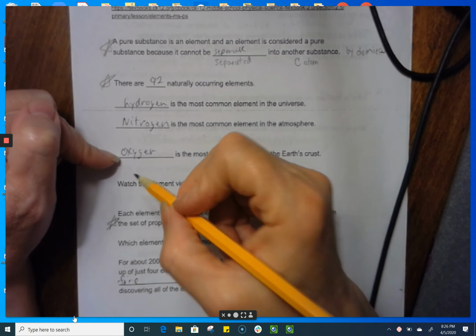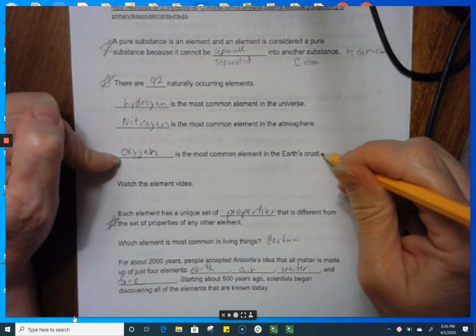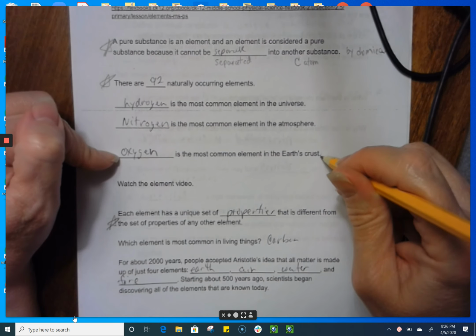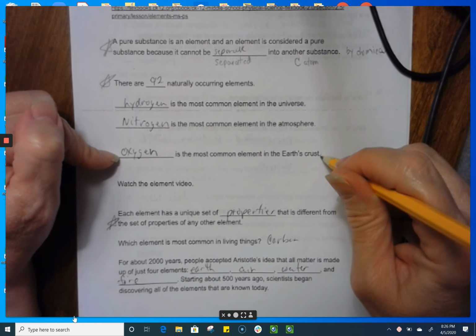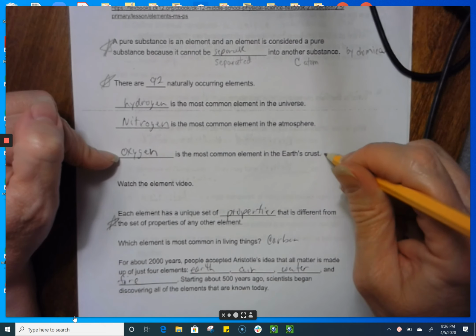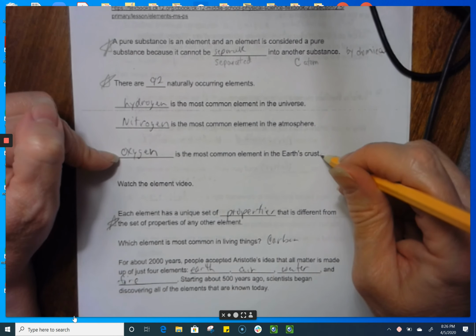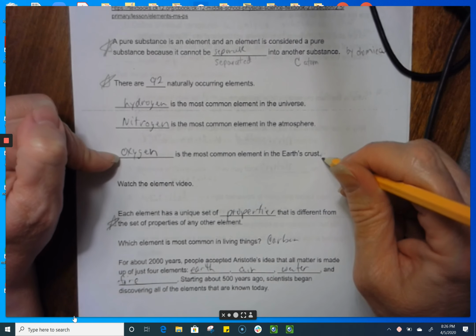However, oxygen is the most common element in the Earth's crust because, if you remember from before, I told you that sand, chemical formula silicon dioxide, has a lot of oxygen in the Earth's crust, and it's chemically combined. It's not an O2 molecule in the gaseous form. It will combine with other elements to form different types of rocks and minerals.